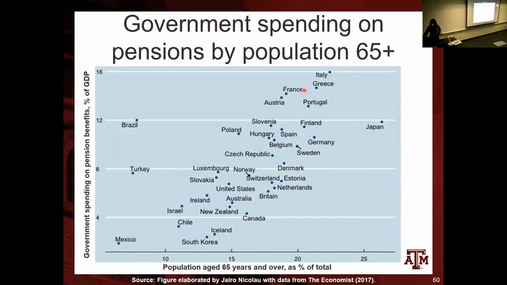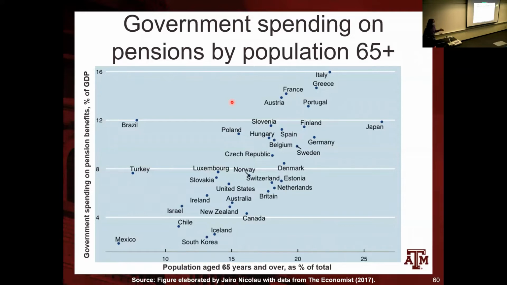So Italy, really high, like around 23.5% of the population with at least 65 years of age, and 16% of their GDP go towards pension benefits. But what's interesting from this graph are the outliers.